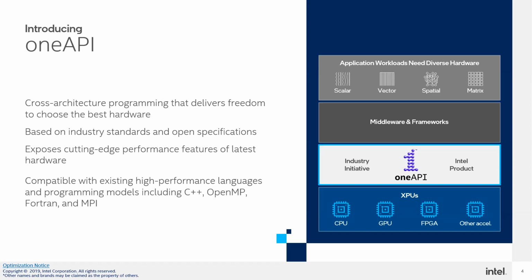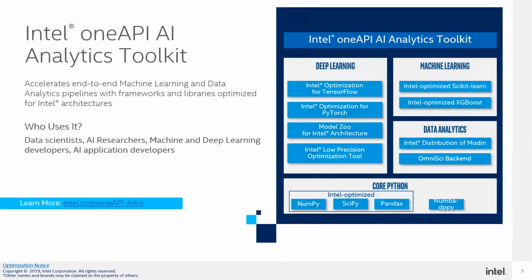That's a brief introduction of oneAPI, and let's see what's inside the Intel oneAPI AI Analytics Toolkit. oneAPI comes with a whole set of toolkits like the oneAPI Base Toolkit, the Intel oneAPI AI Analytics Toolkit, and there is an IoT toolkit. For people interested in rendering, there's a rendering toolkit.